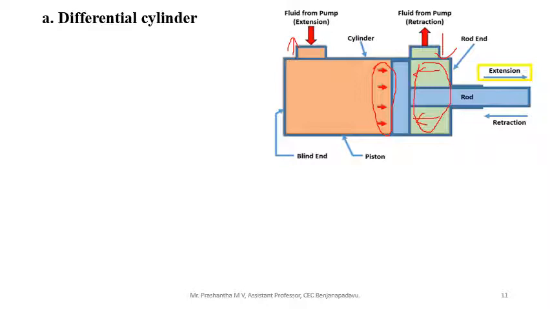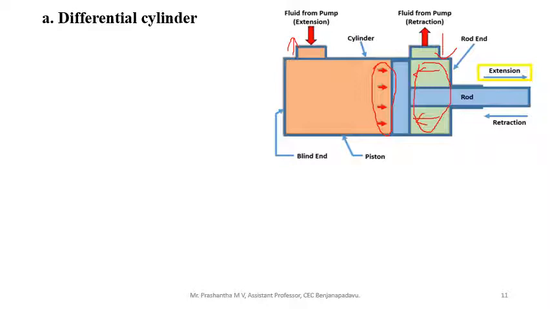During extension stroke, the liquid force acts on the entire piston surface, but during retraction stroke, the liquid acts only on a small annulus area. Annulus area means piston area minus rod area, whatever that remaining area, that is called annulus area.